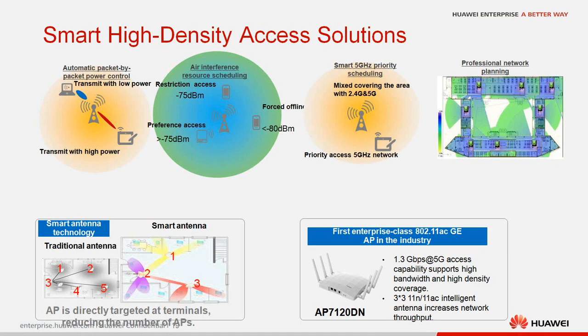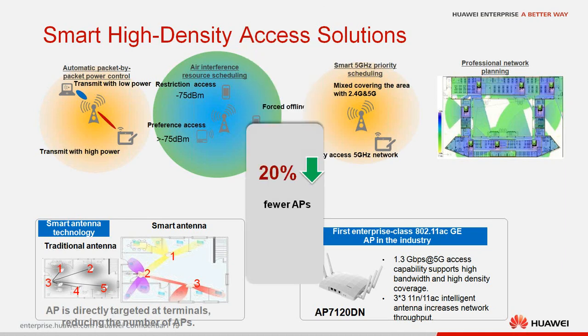We have something we call smart antenna technology. Compared to the traditional antenna, our smart antenna is very targeted towards the user. It's like making a special beam in that specific direction. Doing some of these neat features along with the professional planning tools, we can bring you coverage of almost 80%, requiring you to use less than 20% fewer APs compared to the industry.